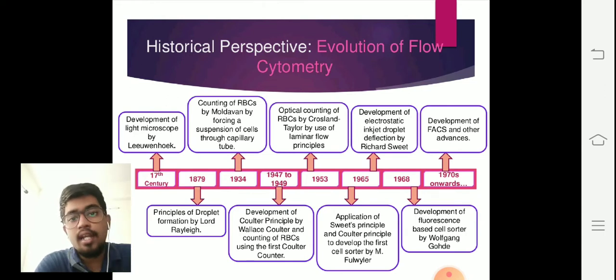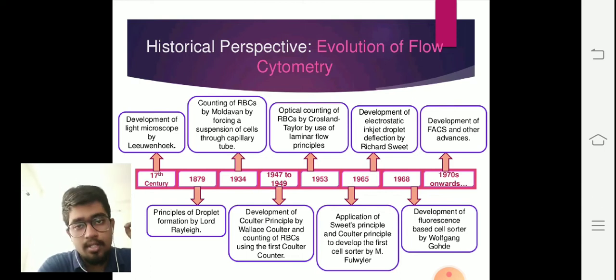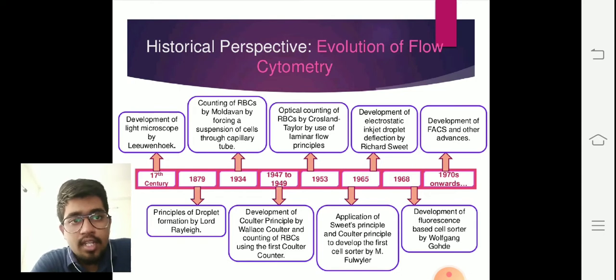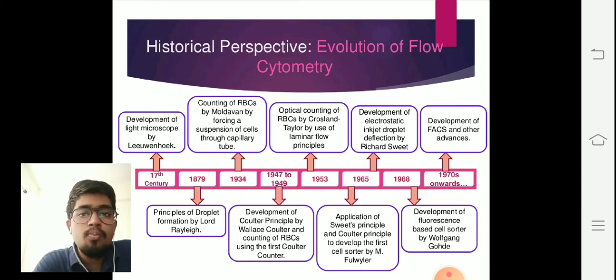These are all connected, guys, and they led to flow cytometry. From 1947 to 1949, there was development of the Coulter principle by Wallace Coulter, and counting of RBCs using the first Coulter counter method. Then in 1953, there was optical counting of RBCs by Crosland-Taylor using laminar flow principles.